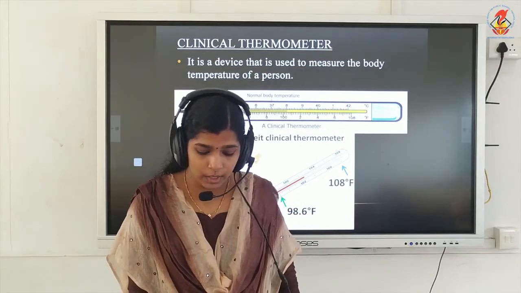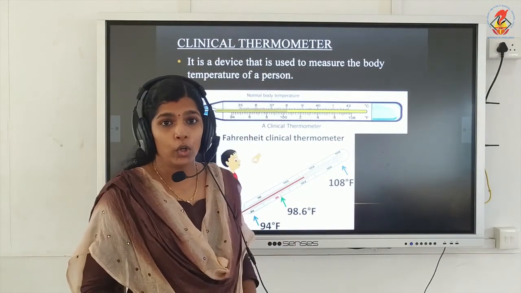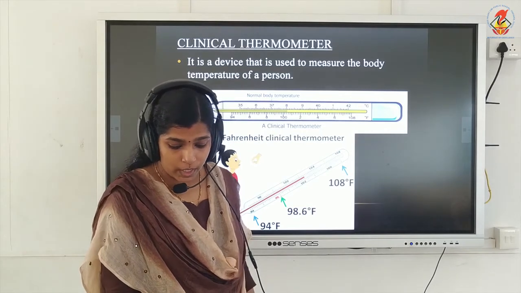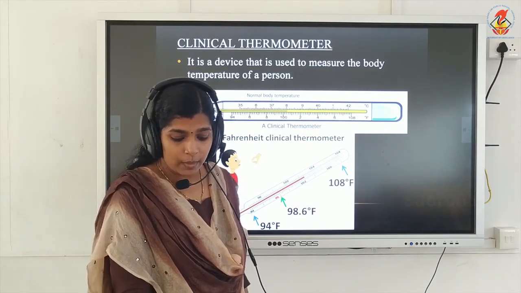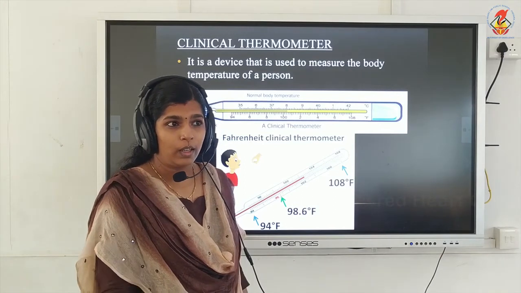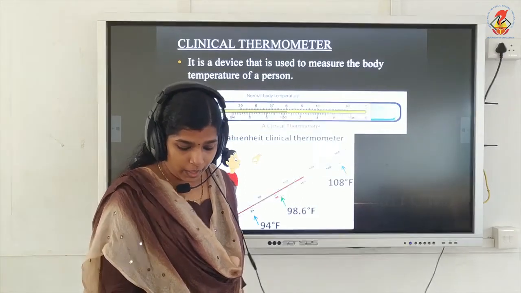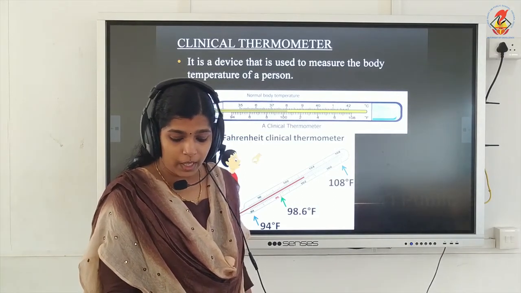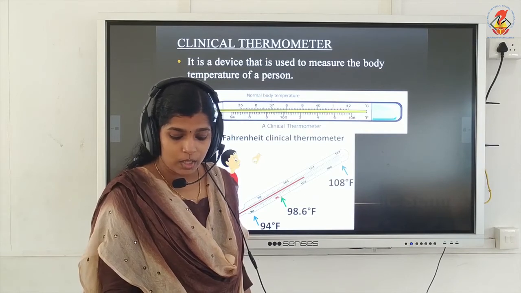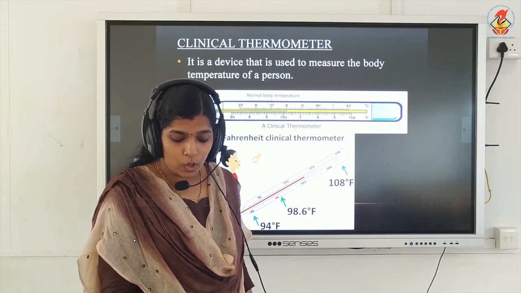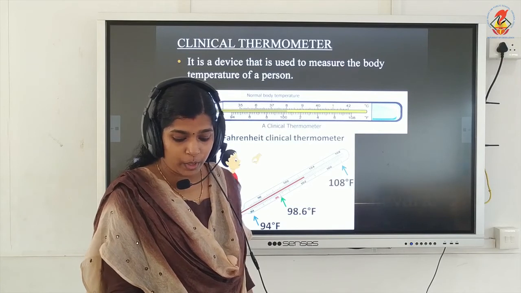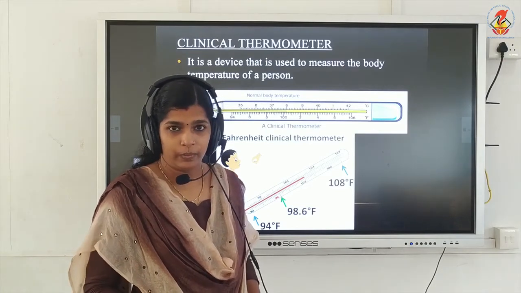That thermometer consists of a narrow, long, uniform glass tube. It has a bulb at one end. This bulb contains mercury. Outside the bulb, a small shining thread of mercury can be seen.